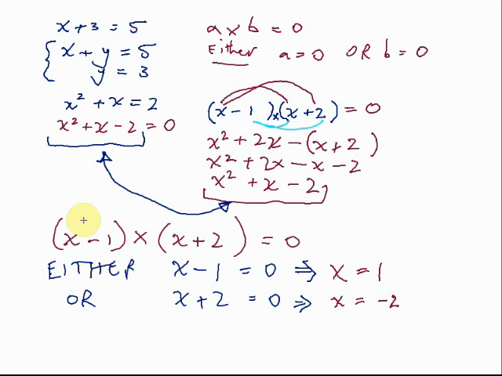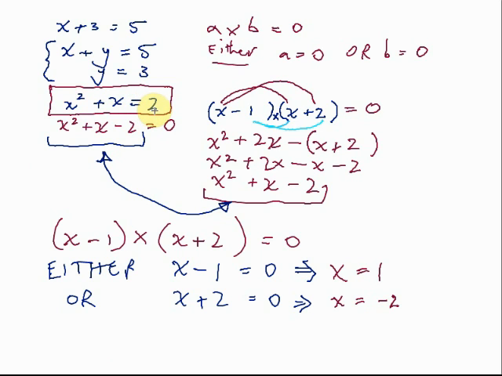So when you find an equation like this one where we started off here, x squared plus x is equal to 2, in order to find a solution, or a couple of solutions, as in this case, x equals 1 or x equals minus 2, what we do, just to remind you, the steps that we take is first of all to rearrange this equation so that we get something equal to 0. So in this case we've got x squared plus x is equal to 2.